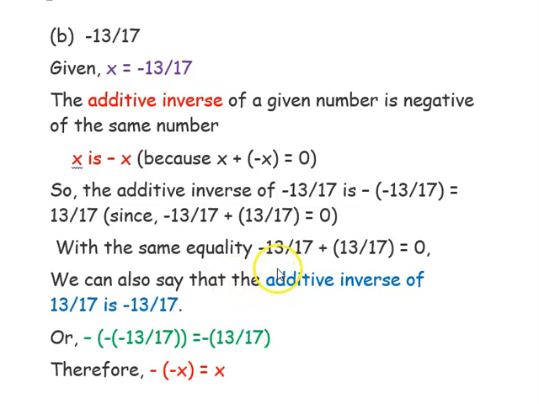Consider the equation minus 13 by 17 plus 13 by 17 equals 0. Here the given x is minus 13 by 17. So we have proved that minus of minus x, that is 13 by 17, equals 13 by 17. So we have proved minus of minus x equals x.